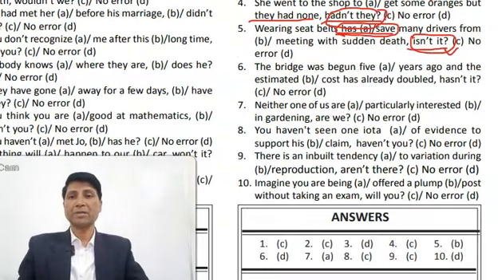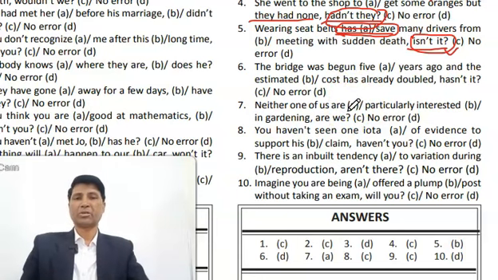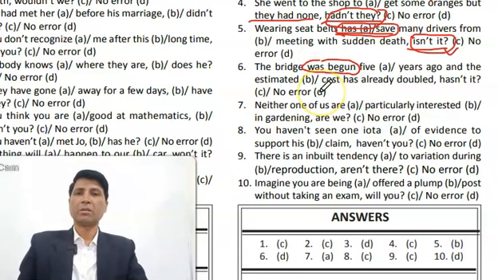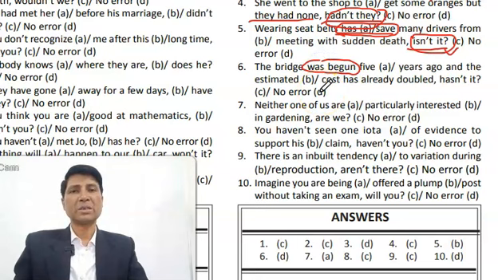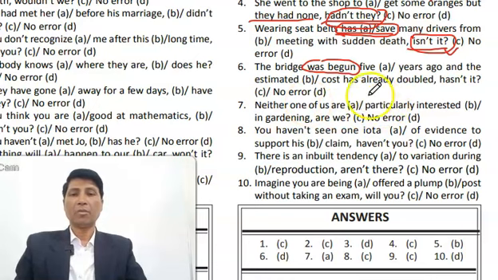So in question number 6, the bridge was begun 5 years ago and the estimated cost has already doubled, hasn't it? Now you see, this verb has 2 aspects. Was begun is the passive form of simple past tense. So the bridge was begun 5 years ago and the estimated cost has already doubled, hasn't it?